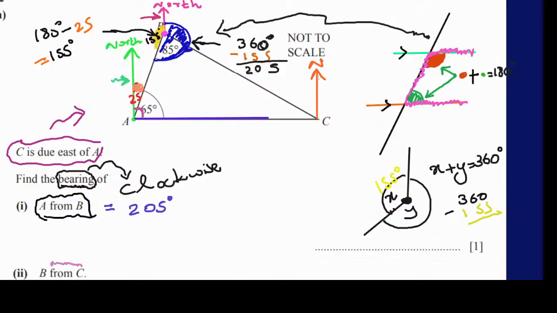And what's your plan? Currently you are at C, facing towards the north direction, but you have plans of going to B. So you got to rotate your body like this.